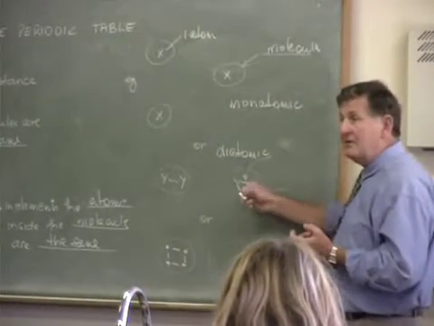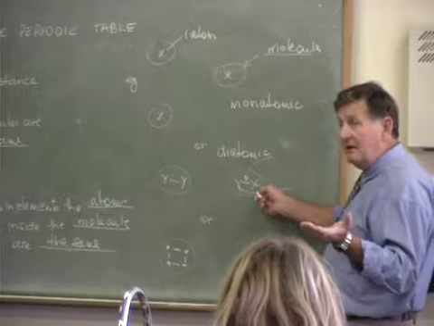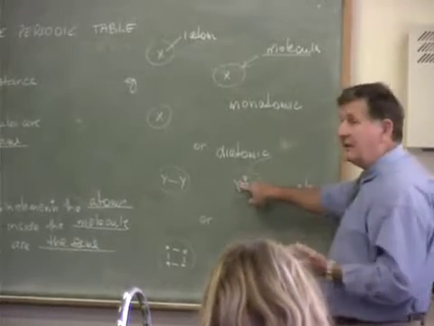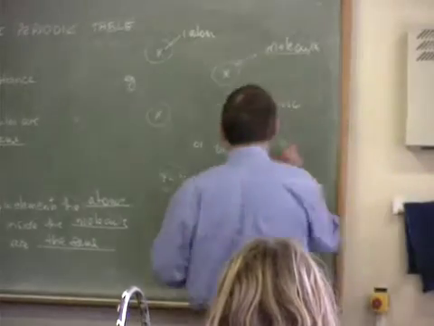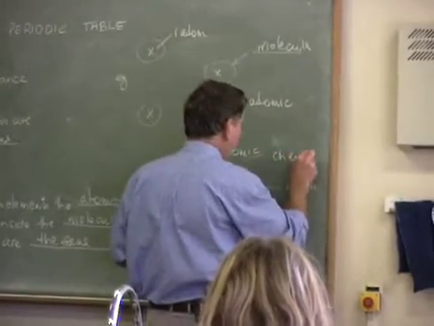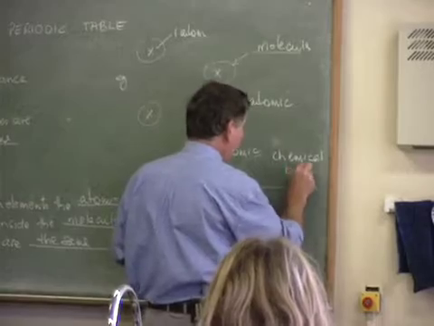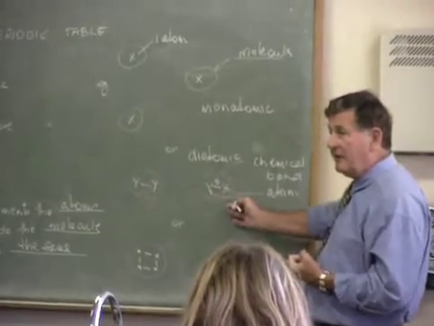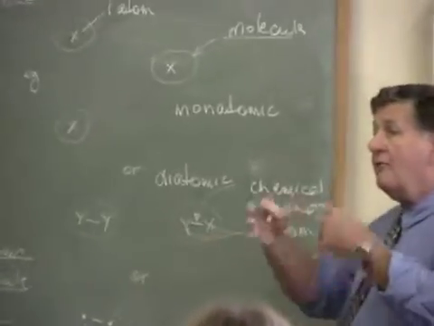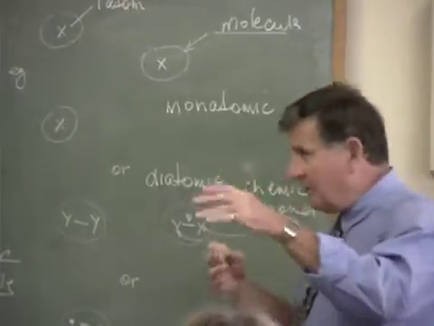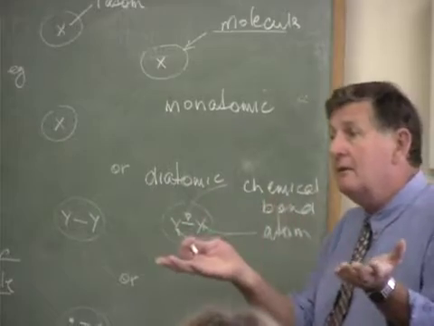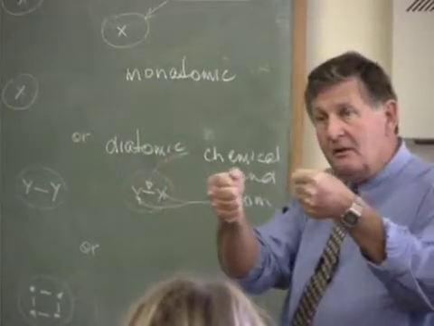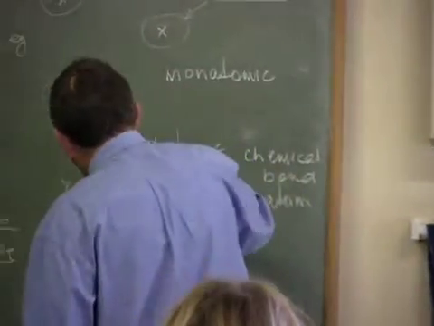These Ys indicate the atoms. This line here indicates the chemical bond. And what exists between this molecule here and this molecule here? Not a strong chemical bond, but a different kind of bond that joins molecules together.